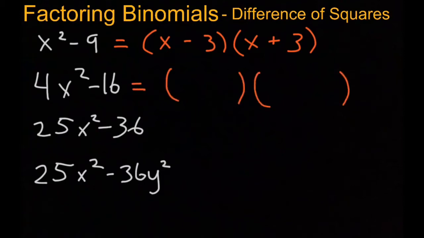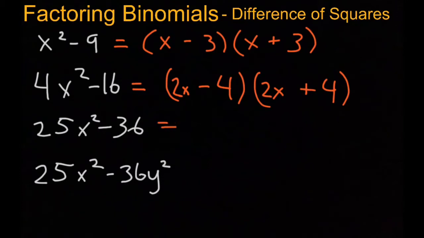This one is a bit more tricky because we have a coefficient in front of the x squared. So when we take the square root of that, we're left with 2x, and the square root of 16 is 4. A negative sign and a positive sign on one side.